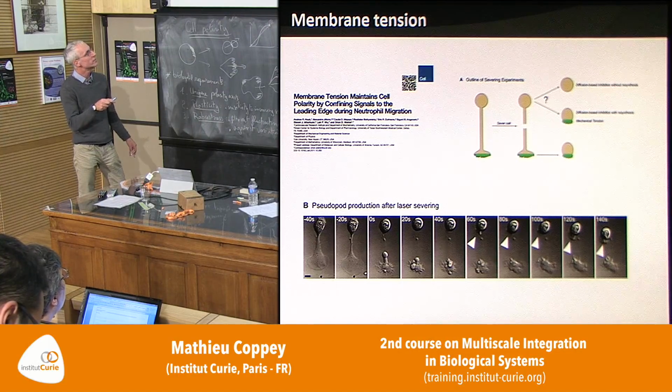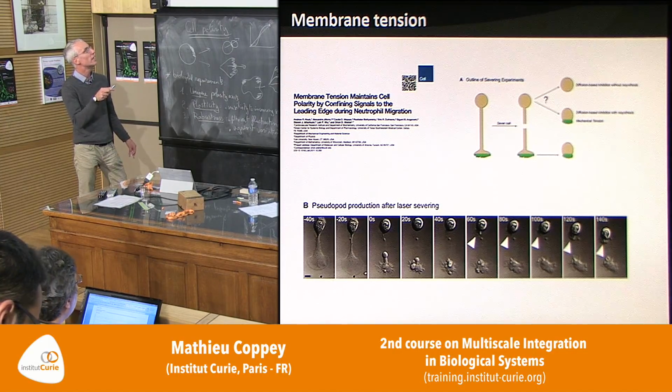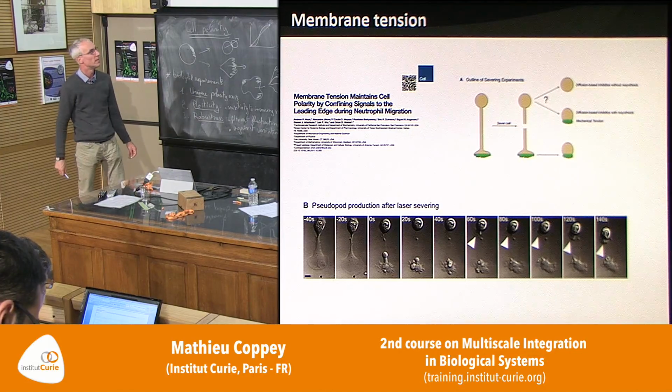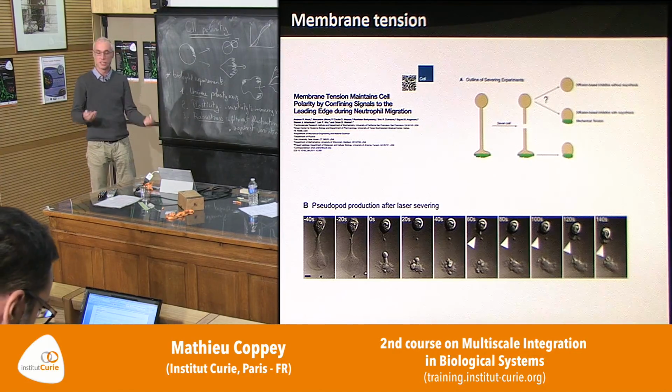When you cut this protrusion with a laser, you see that the body that was quiescent starts to make a new protrusion. So somehow there was some information coming from here, telling that I have one active front and not everywhere. This is really this idea of coordination: one thing was telling all other places of the cell to stay quiescent. And there is a big discussion about how this is achieved.